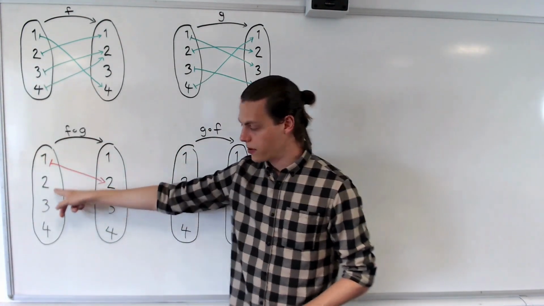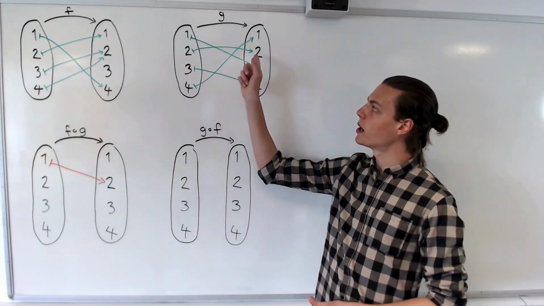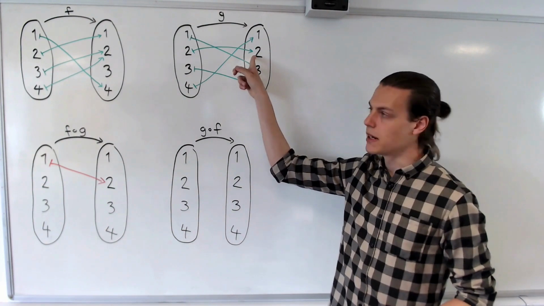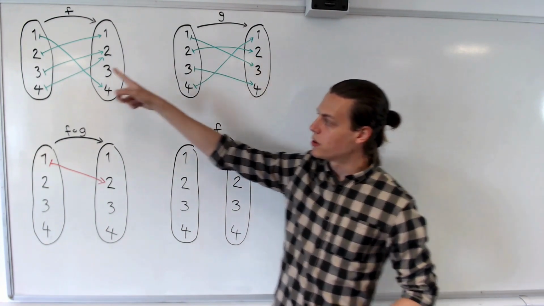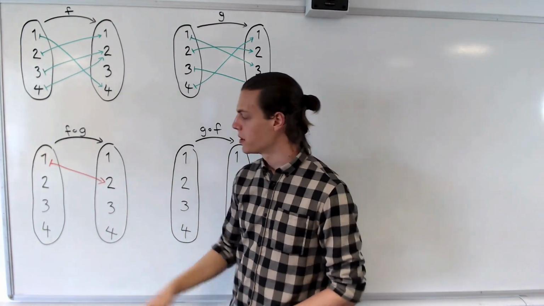Okay, and for 2, first apply g. So g maps 2 to 2, and then f maps the result 2 to 1. And so the composition maps 2 to 1.